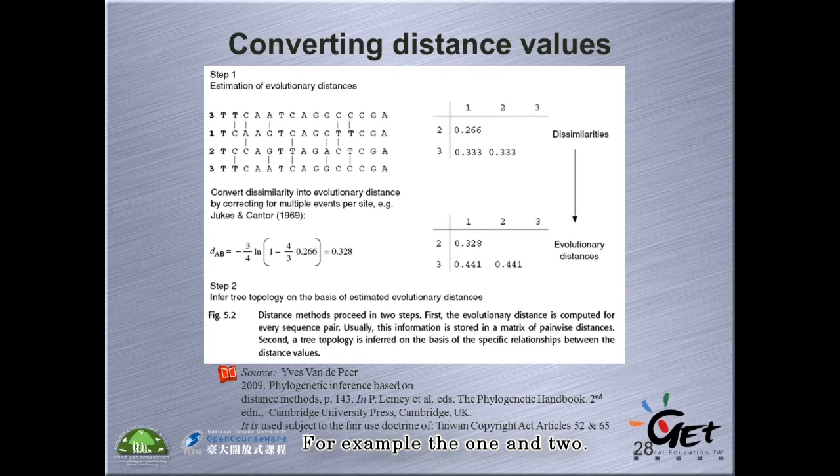For example, for 1 and 2, the value is 0.266. You just replace the p-value with this number, and it gives you the new estimate for substitutions per site, and you get a number right here, and that's the new table. So this is the basic procedure.